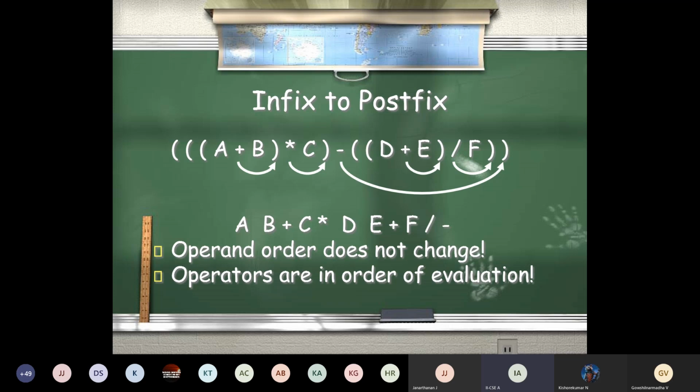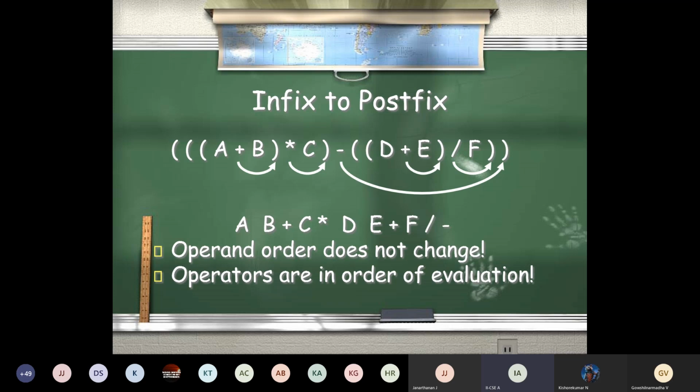So this plus should go after this b, so ab plus, and then the star should come after this c, then only it will be applied on this a plus b value and the c. Okay, so this plus should go after a and b, and the star should go after c.